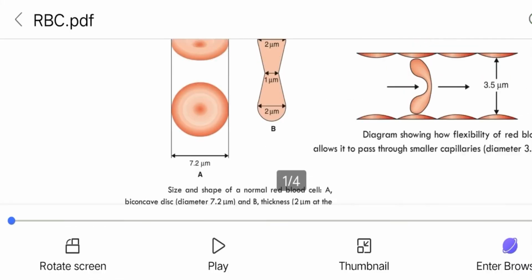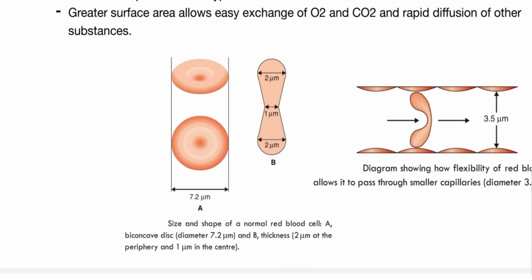As we can see here in the figure, the shape is biconcave. From the middle it is thin, and from the periphery it is thick, and due to this it can pass through the capillaries. In the second diagram we can see the flexibility of the RBC.